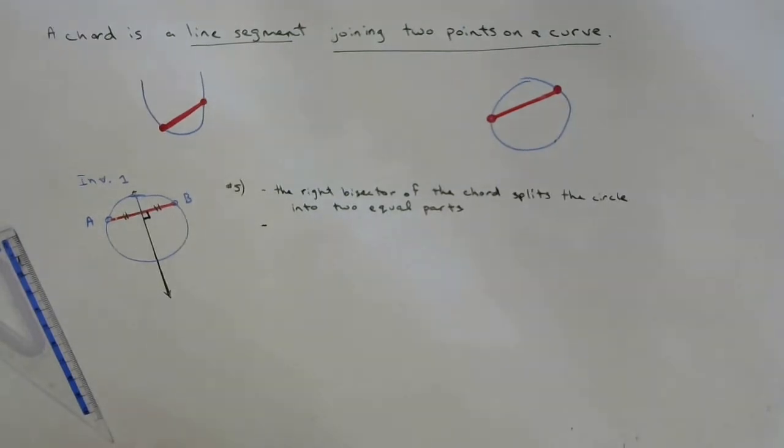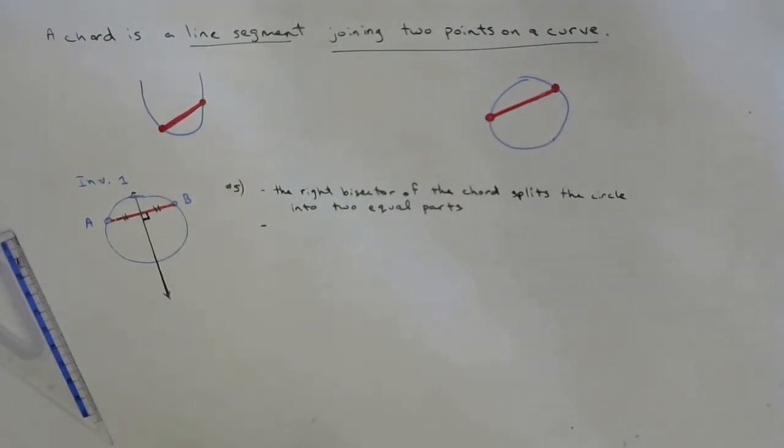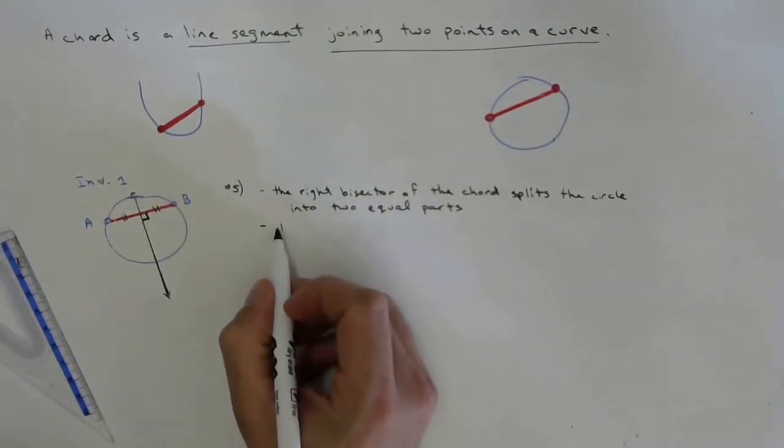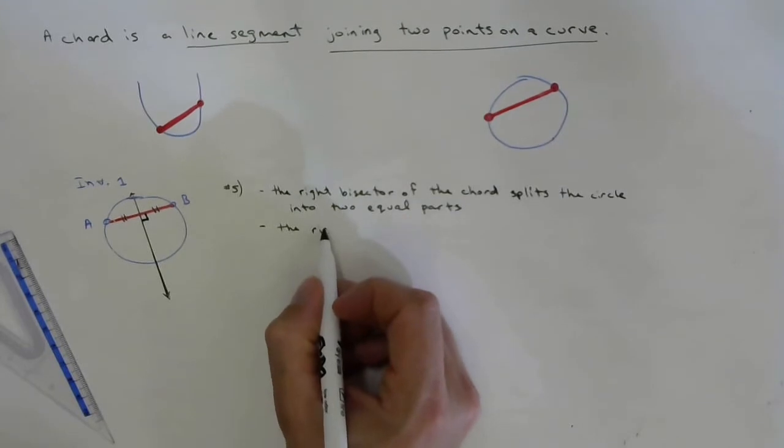I'll give you a second. The right bisector of the chord splits the circle into two equal parts. What does that mean the right bisector does? Where does it go through? It goes right through the center of the circle.